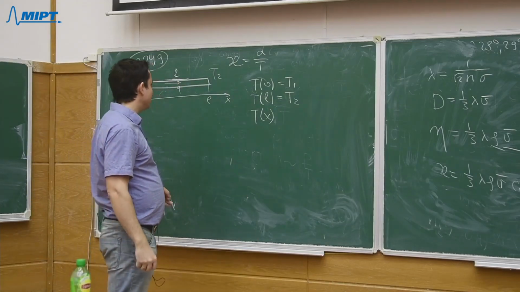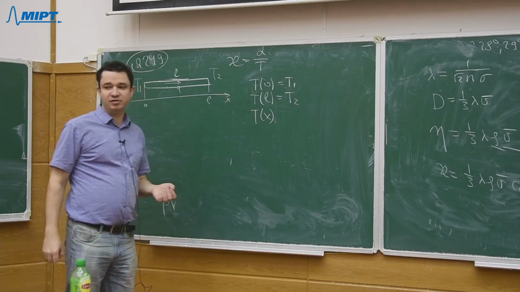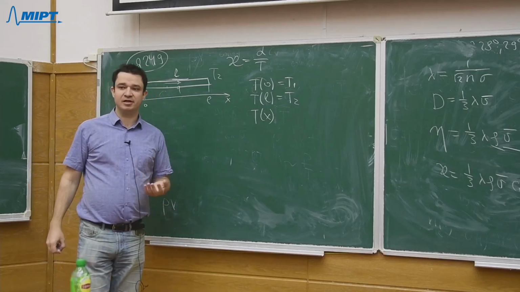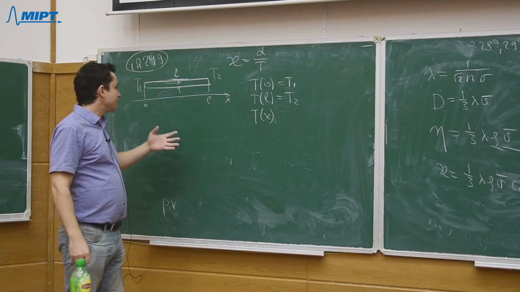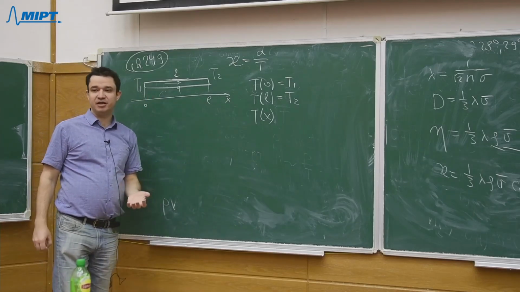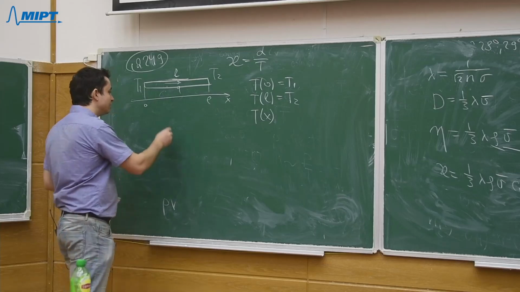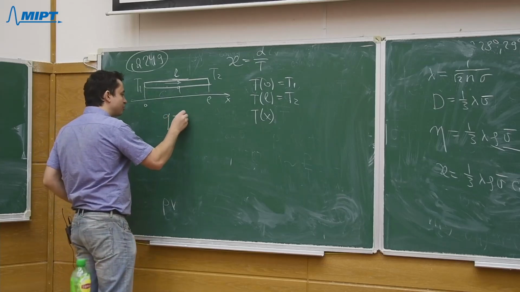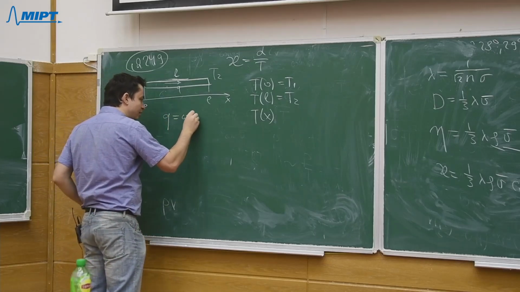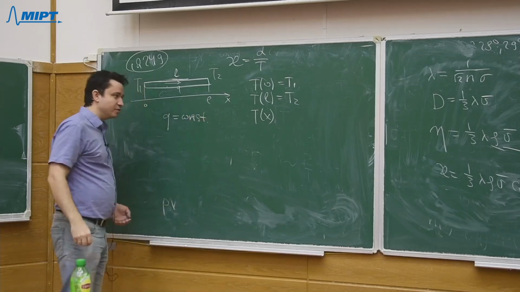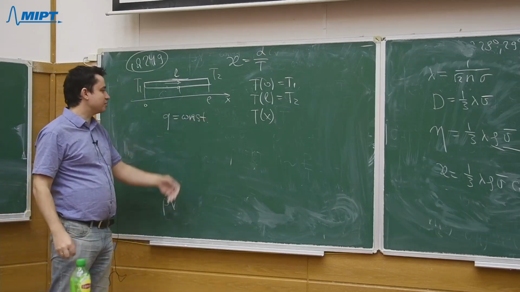Okay, so since we deal with a stationary problem, once again I would say that heat is not being accumulated anywhere in my rod, and that means that the heat flow is constant everywhere in the rod. So heat flow is constant.